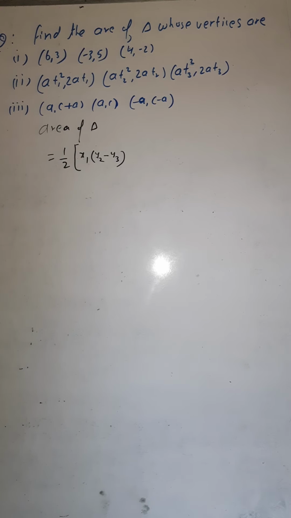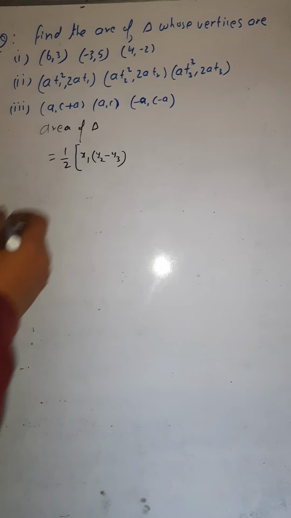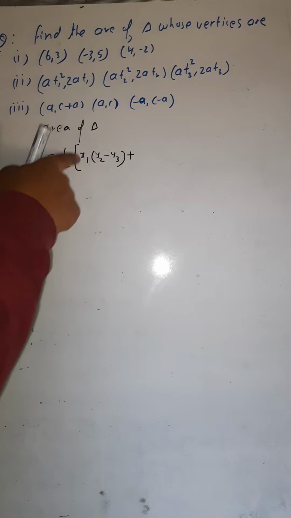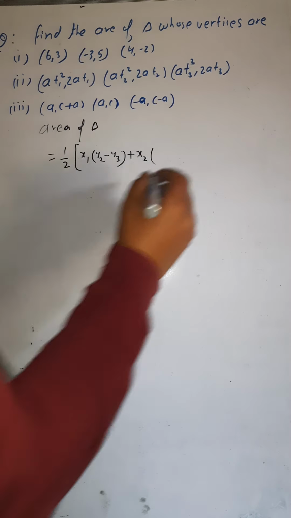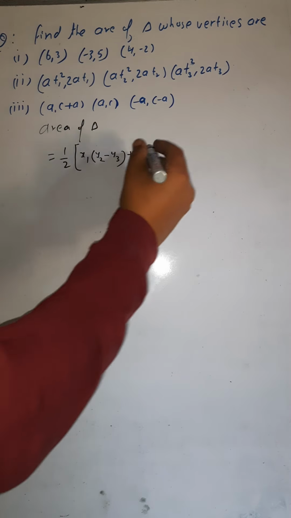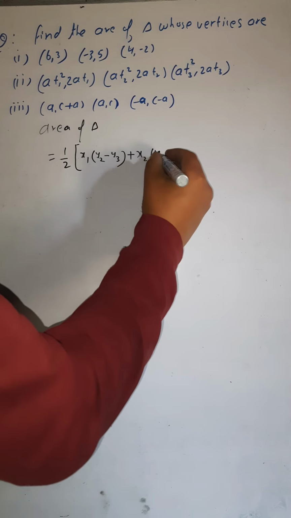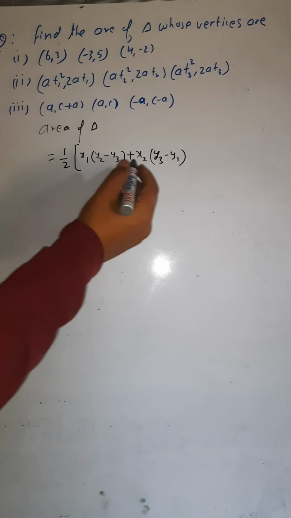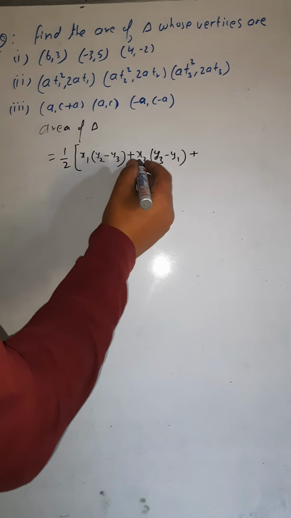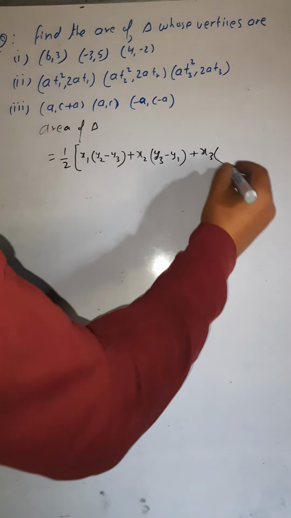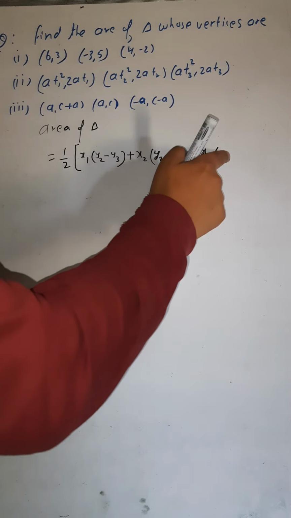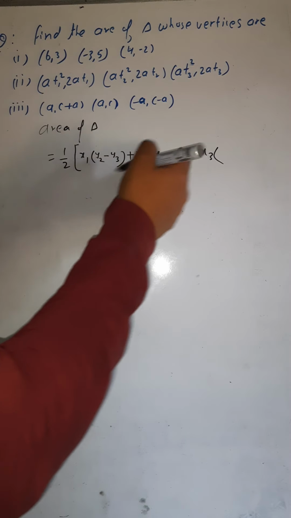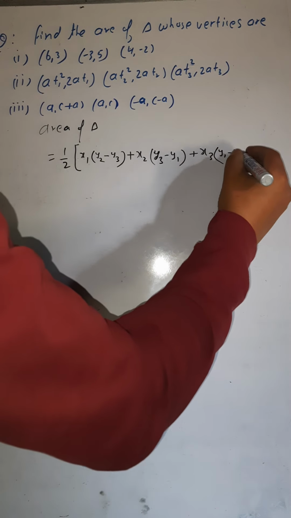So x1 (y2 minus y3) plus x2, after 2 comes 3, (y3 minus y1), plus x3 (y1 minus y2).